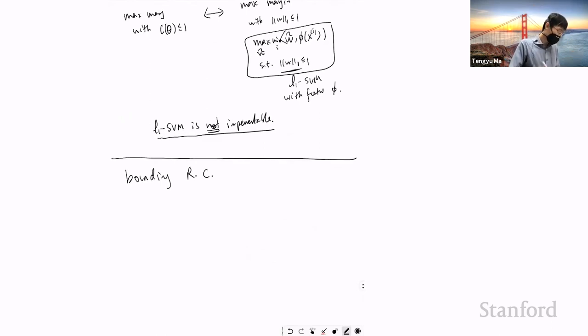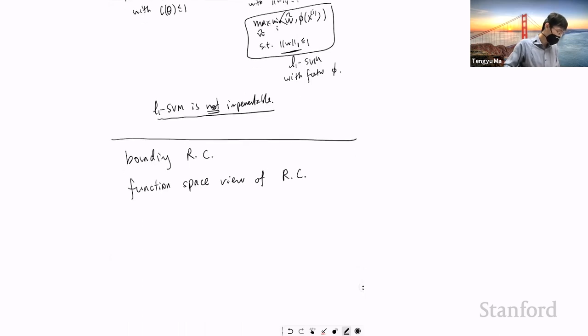Let's first think about a function space view of the Rademacher complexity. Let me write down the Rademacher complexity first.